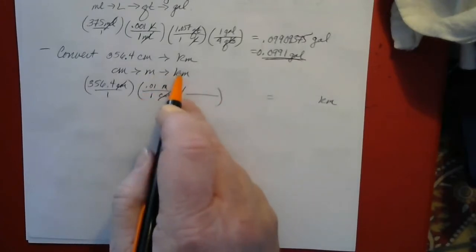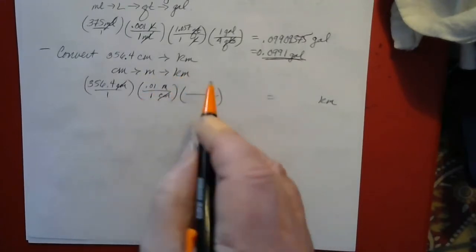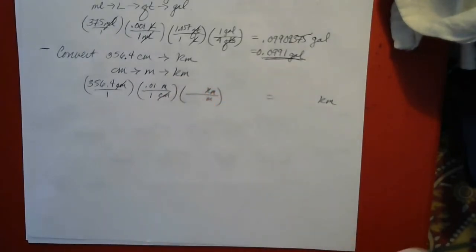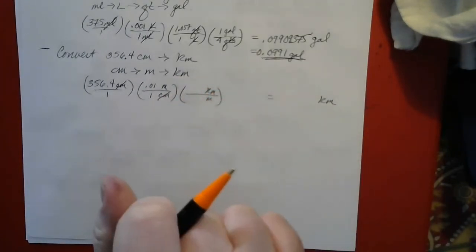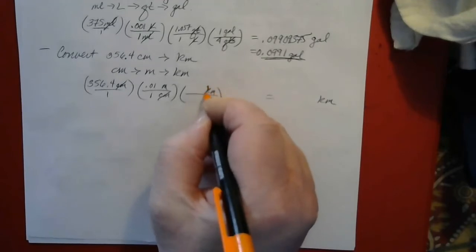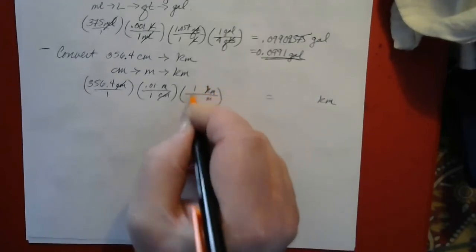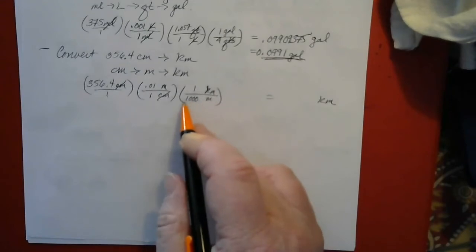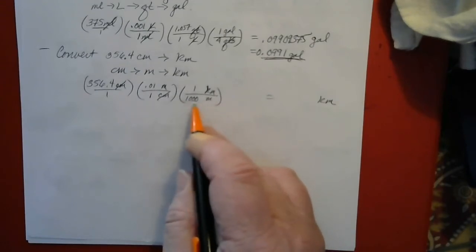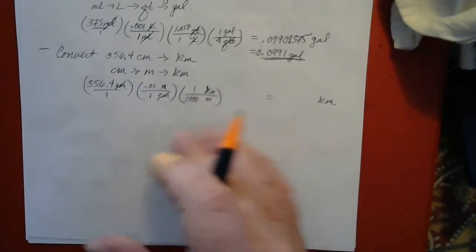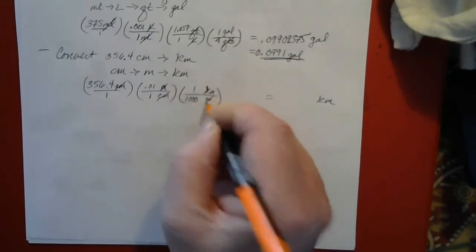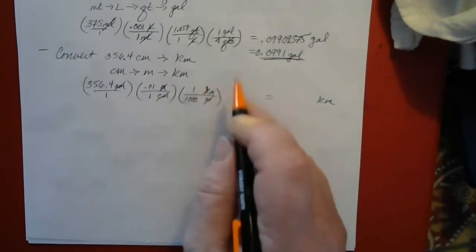If we want to get rid of meters and end up with kilometers as our unit, that means kilometers has to be in the numerator and meters has to be in the denominator. And there's 1 kilometer for every 1,000 meters. That's what kilo means, 1,000 or 10 to the 3rd power. And so meters now should cancel, and we will end up with kilometers.